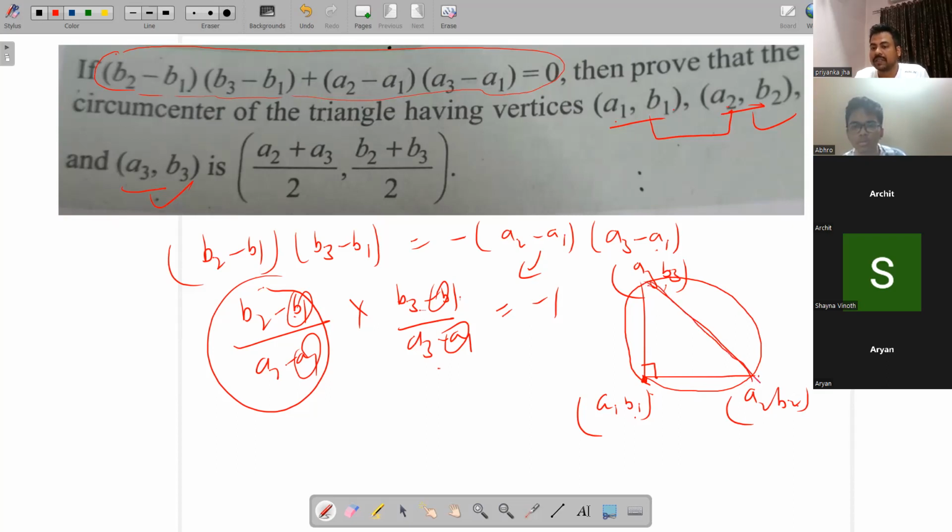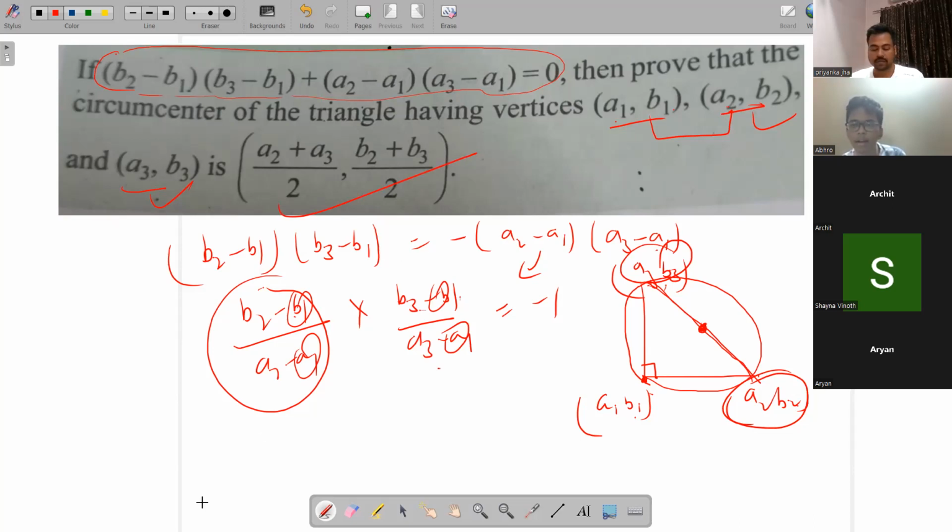So this is the diameter, and the center will lie on it, and this circle is called the circumcircle of this right angle triangle. For any right angle triangle, the circumcenter always lies on the midpoint of the hypotenuse. So this is the center, and it should be the midpoint of this and this. Understood the concept?